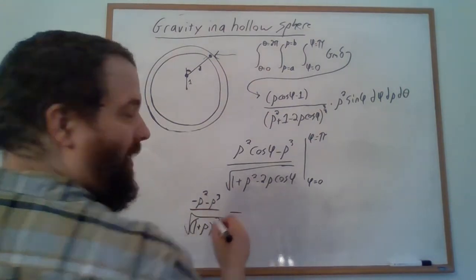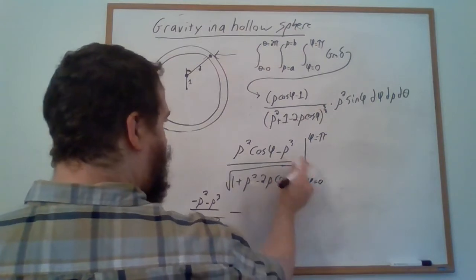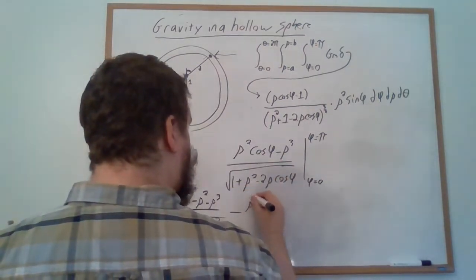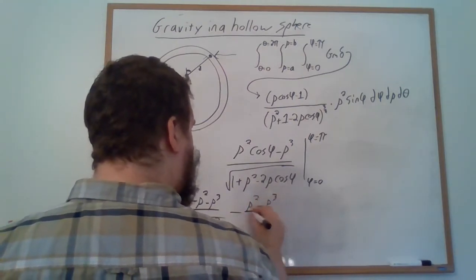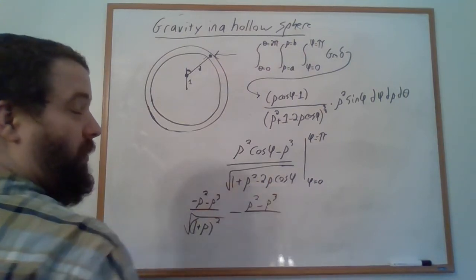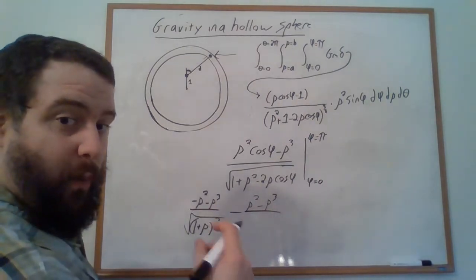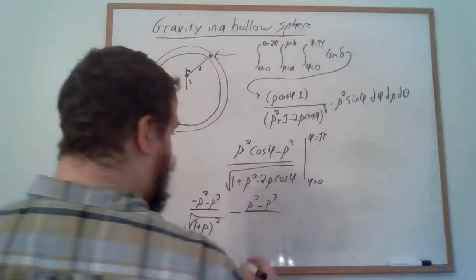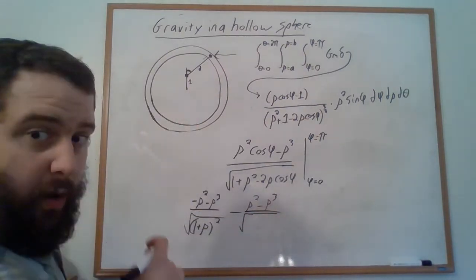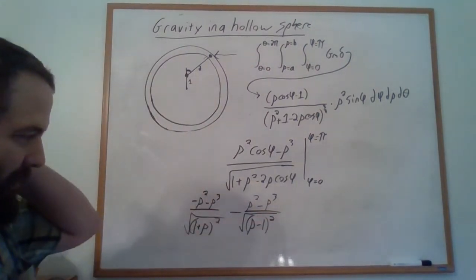And then we subtract off what we get when phi is equal to 0. Cosine of 0 is equal to 1. So this is rho squared minus rho cubed divided by 1 plus rho squared minus 2 rho. You'll notice that this is 1 minus rho quantity squared. Or we should actually write this as rho minus 1 quantity squared. So this is the value that we get.